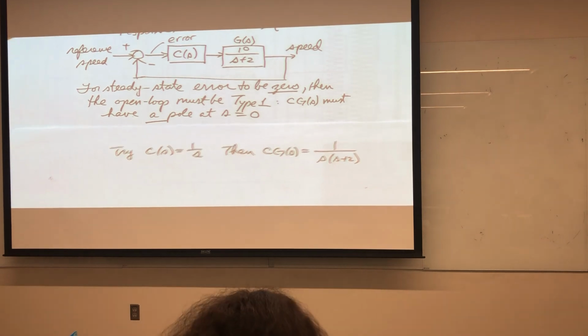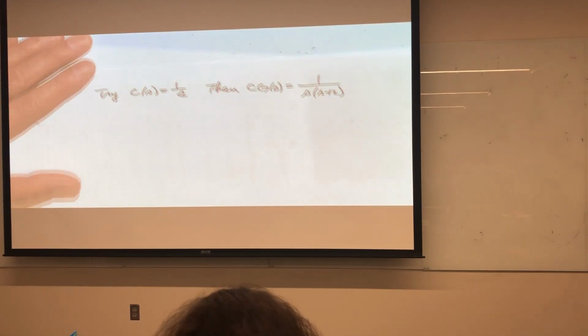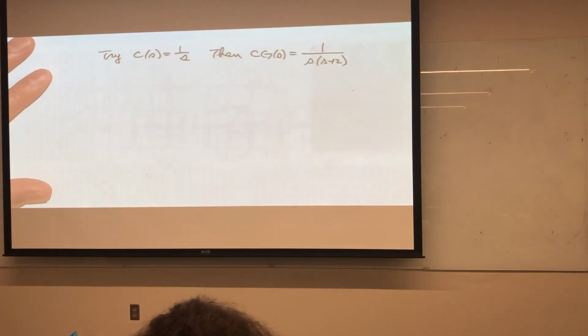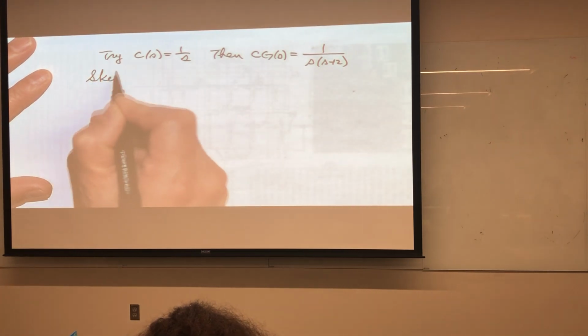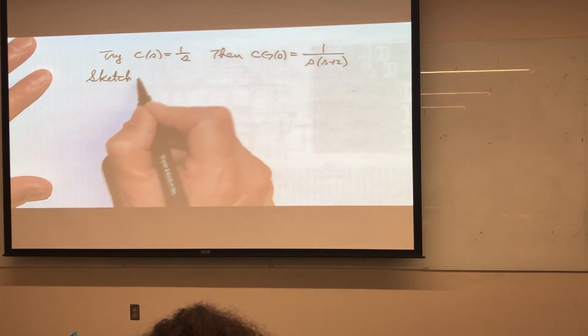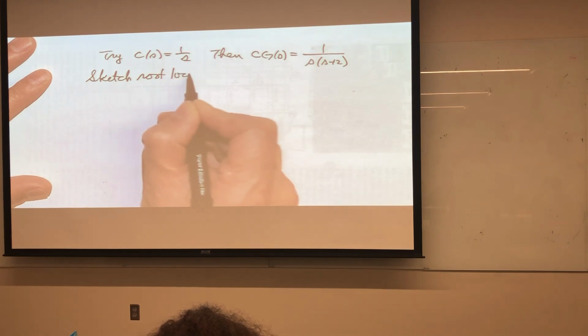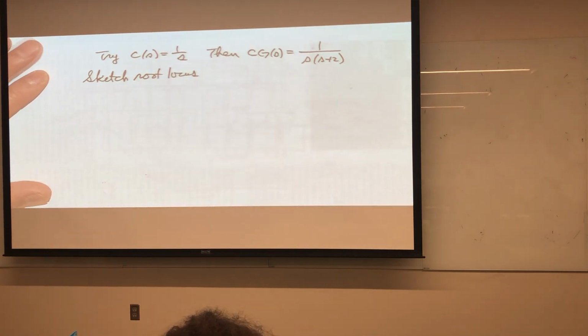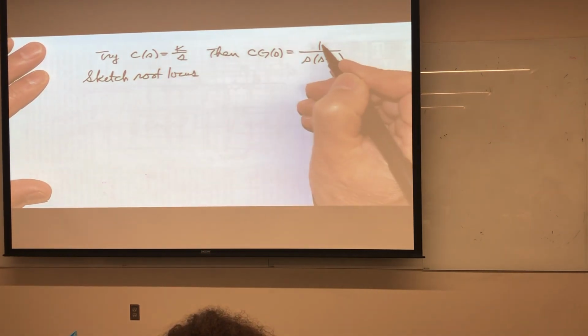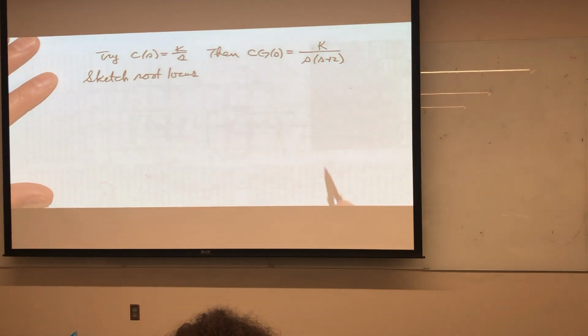So let's sketch the root locus diagram and see what this looks like. Okay, I'm going to put in a K up here so we can adjust the gain.